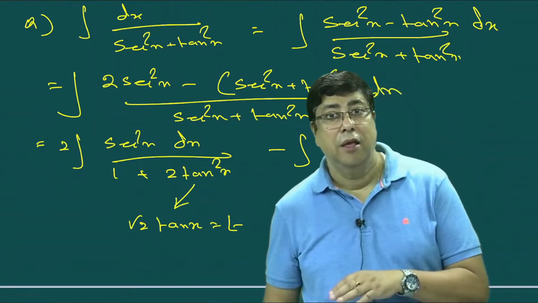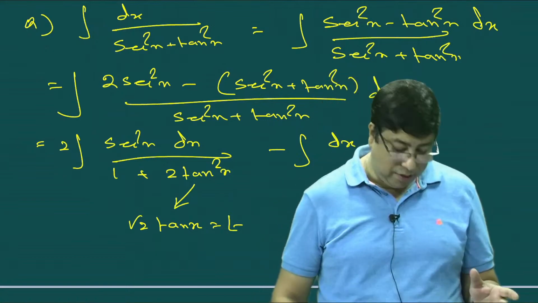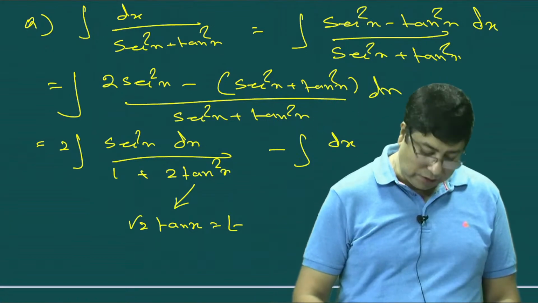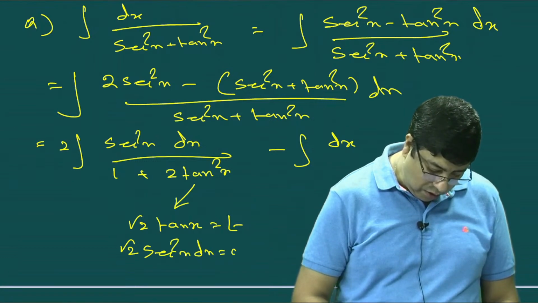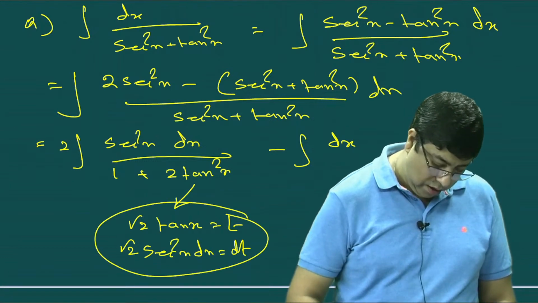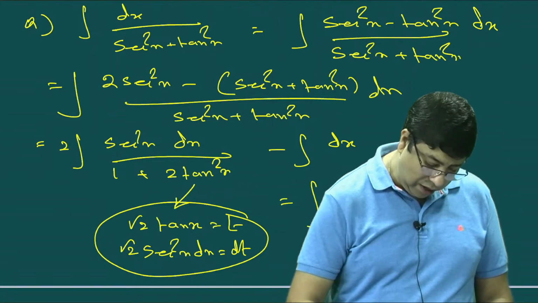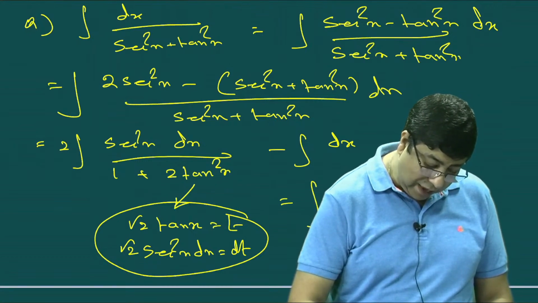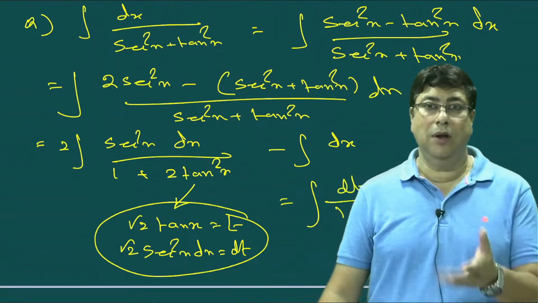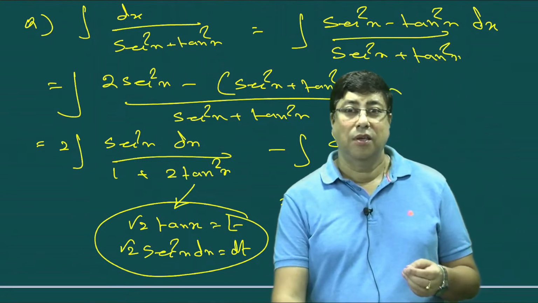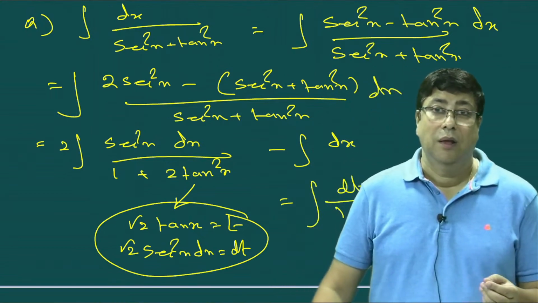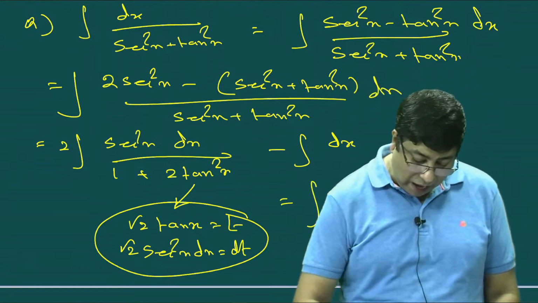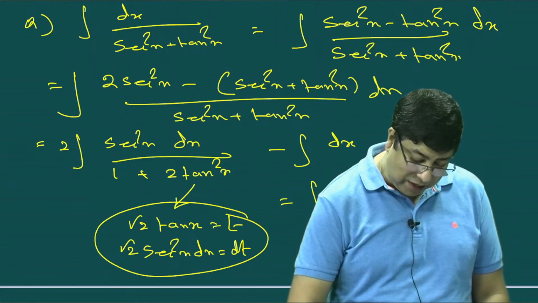But it is better to just absorb everything at a time. So I am writing root 2 tan x as t. So root 2 sec square x dx equal to dt. If we take this, we are getting dt by the same formula which is coming continuously for us. So this is the formula, everybody, you have to learn. So this is 1 by a tan inverse x by a, and minus the integration of dx, x, plus c.